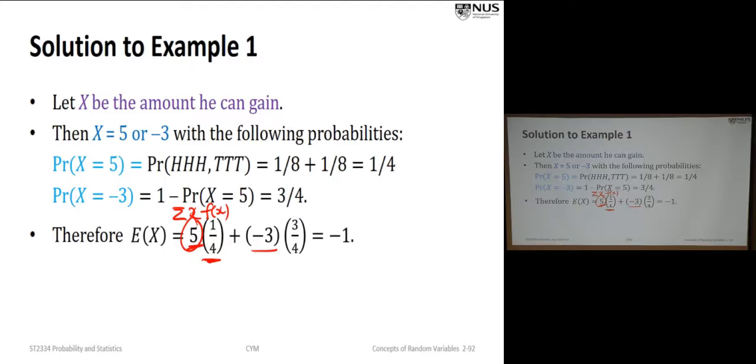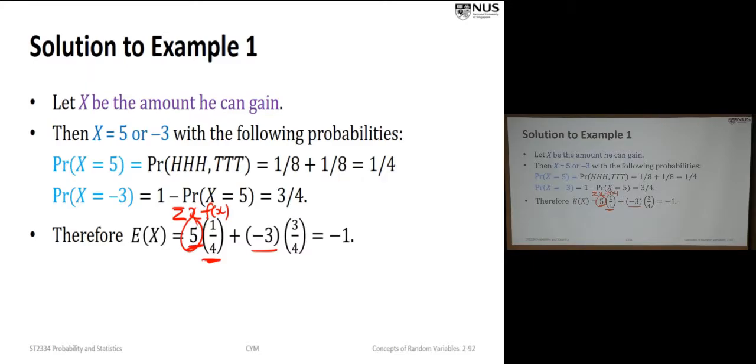So you have to decide, for example, I fix it: if you get 3 heads or 3 tails, you get $5. Now I ask my question, how much should I lose if the other outcomes show up? How much should I pay for it? Instead of $3, it should be smaller. Maybe 2.5, maybe 2.